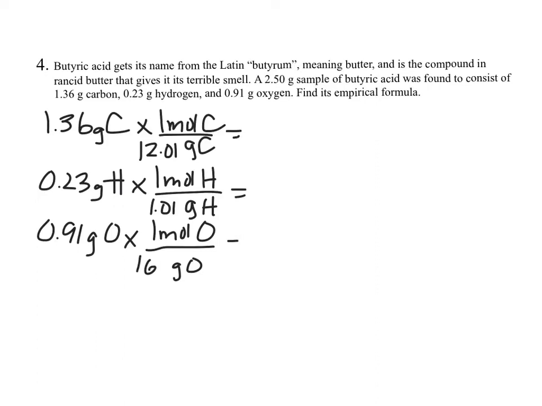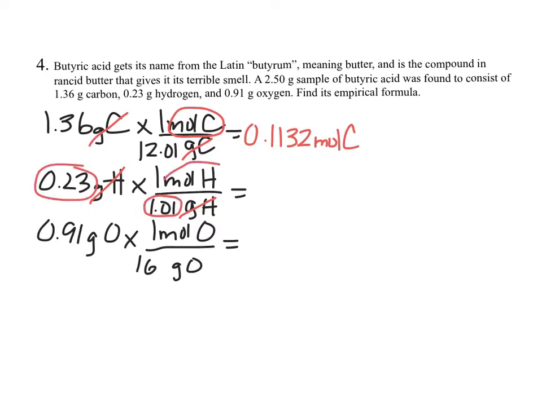All right, I'm going to rock that out really quick and change my pen color. Remember, grams of carbon will cancel, and you'll be left with moles of carbon. That answer ends up coming to about 0.1132 moles of carbon. If I do grams of hydrogen, they cancel out, and I take 0.23 divided by 1.01 grams, and I end up with moles of hydrogen as my units, and my answer is about 0.2277 moles of hydrogen.